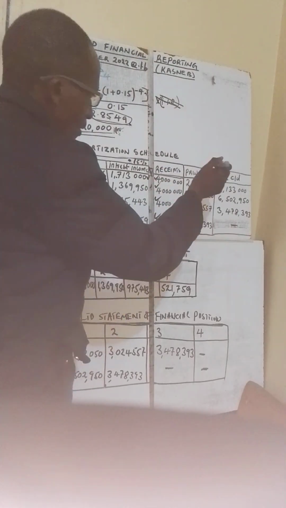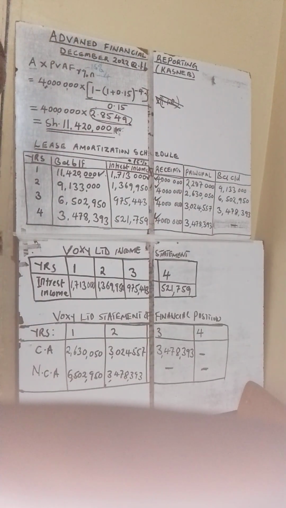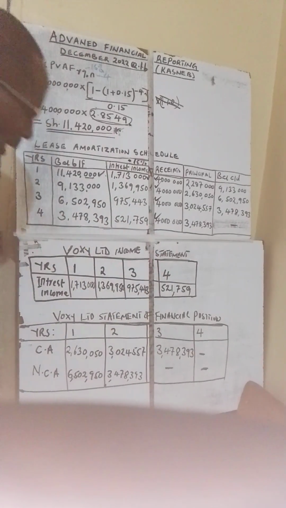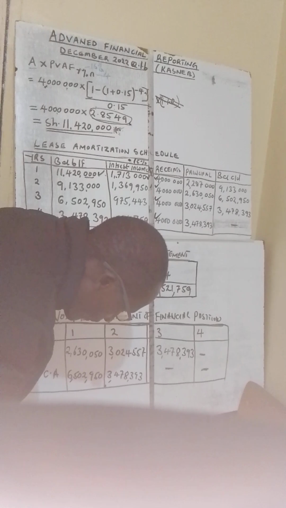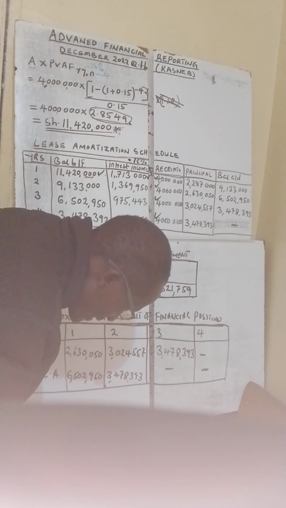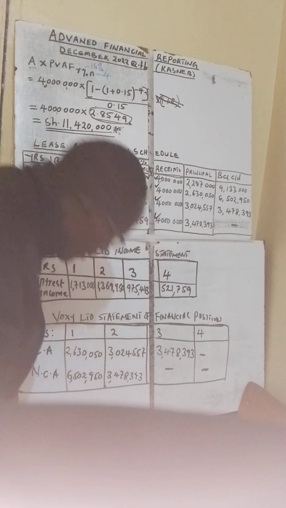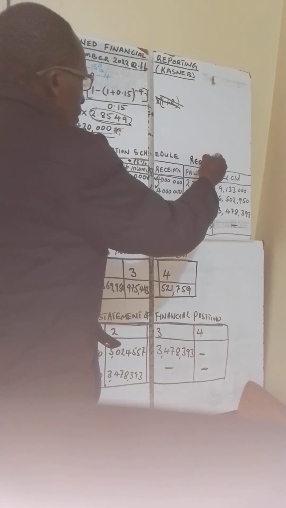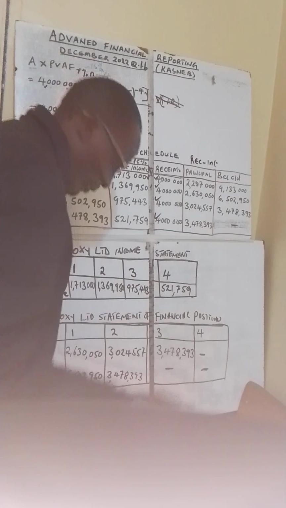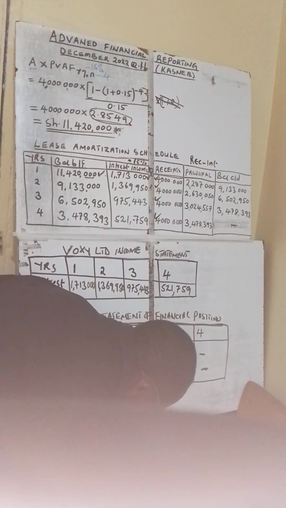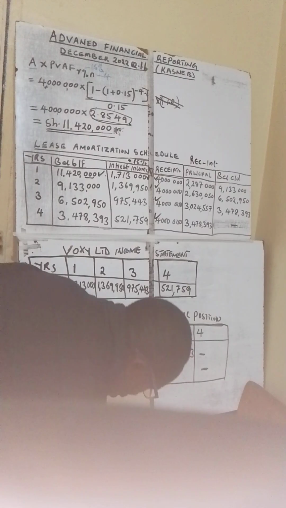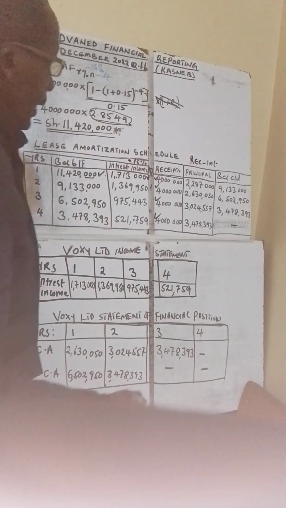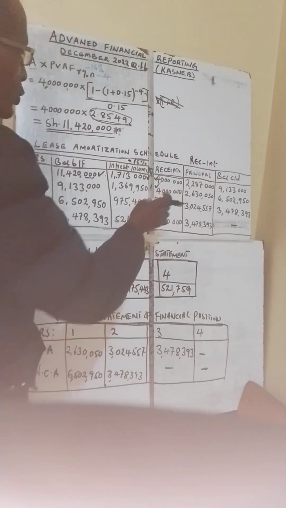Now once you get these, then you go to the principal amount. For the principal amount, you take the receipts minus the interest to get the principal, because you are separating.